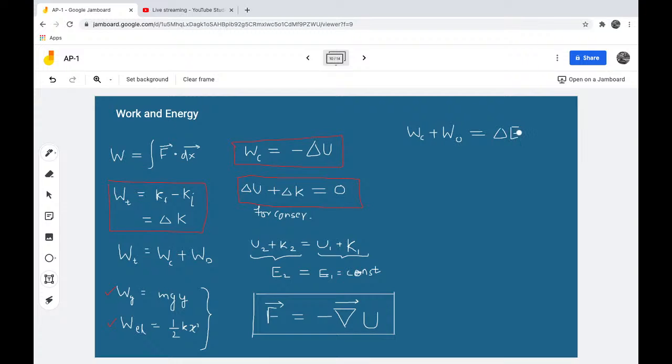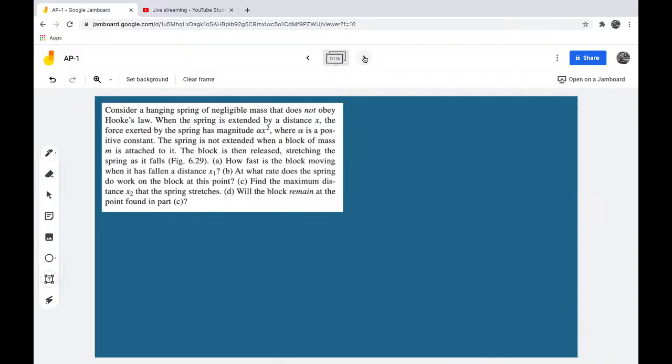So the total mechanical energy is going to change if both of them are doing work. We will see some of the examples. I will present these concepts, and then the rest you can practice on your own. So let me take at least some examples.